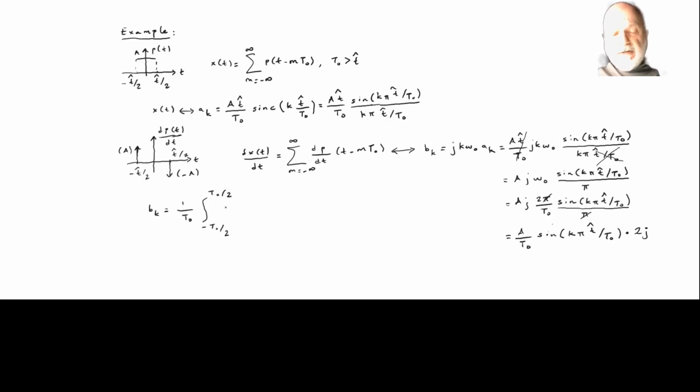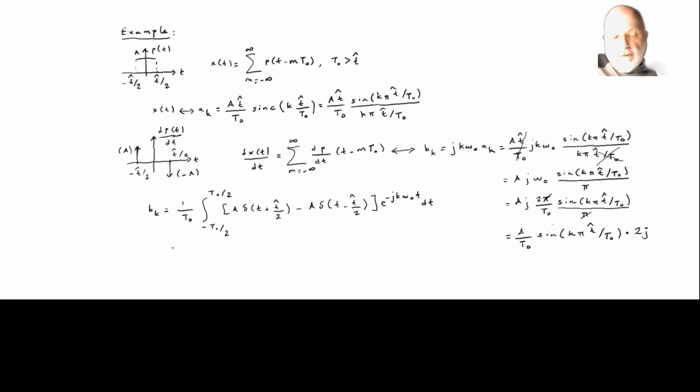And in that interval, we have these two impulses: A delta of t plus t cap over 2, minus A delta of t minus t cap over 2, times e to the minus jk omega 0 t, integrated with respect to t.